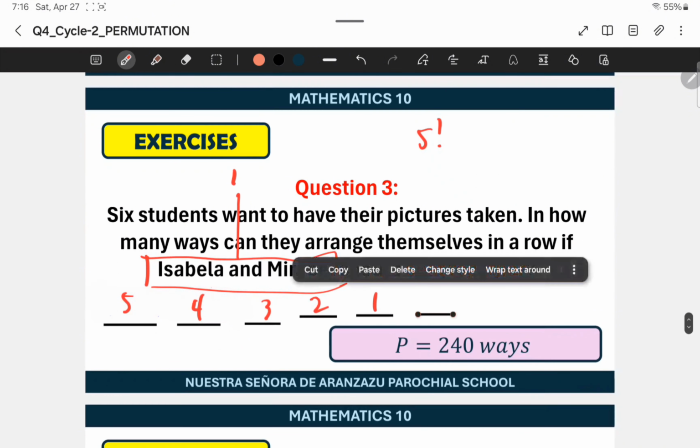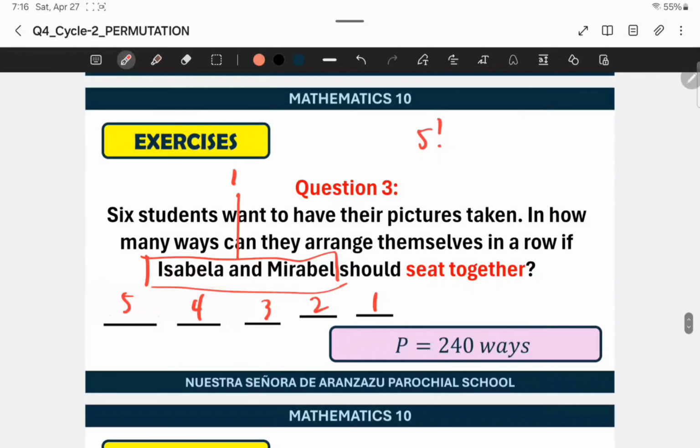Now, si Isabella and Mirabel, kailangan mong kunin yung arrangement nilang dalawa. Kasi 'di ba si Isabella and Mirabel pwede magkabaliktad. So pwedeng Mirabel, Isabella, or Isabella and Mirabel. And kapag kinuha mo yon, that is 2 factorial or 2P2.